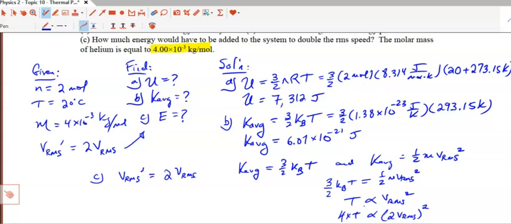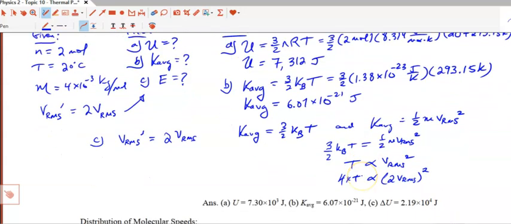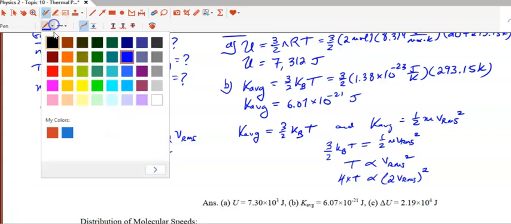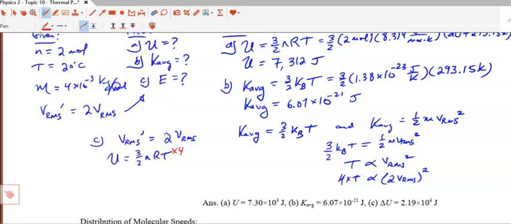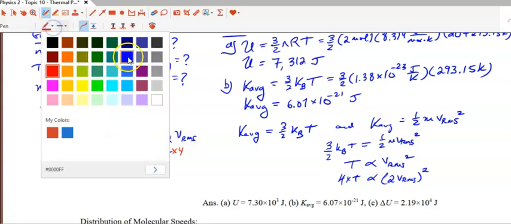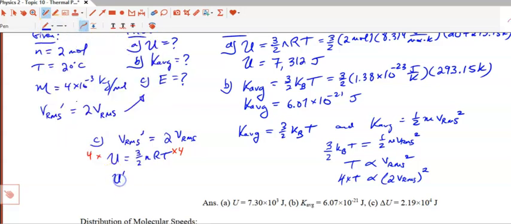So if the temperature increases by a factor of 4 without changing the moles, and U is equal to 3/2 nRT, then I'm going to need to change the internal energy by a factor of 4. Essentially, my new energy is going to be 4 times my original energy.